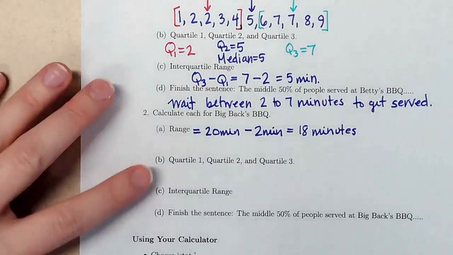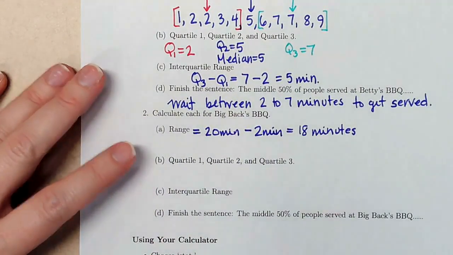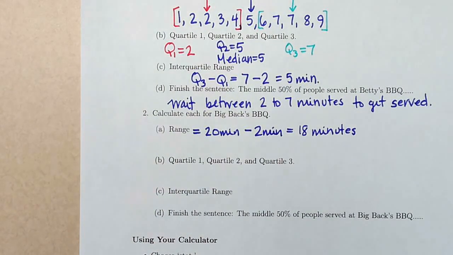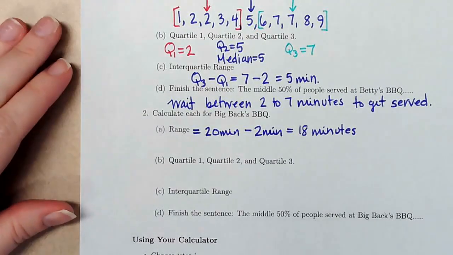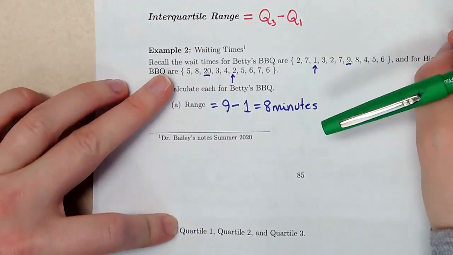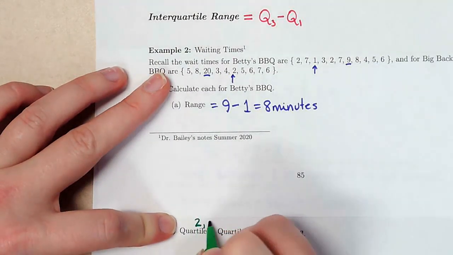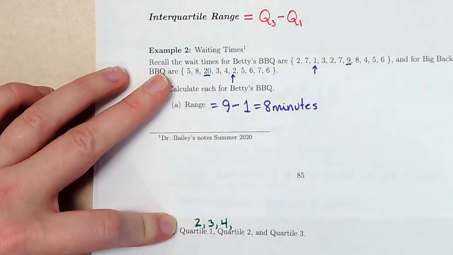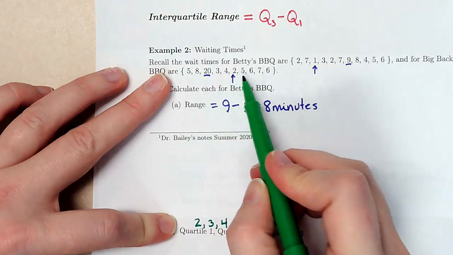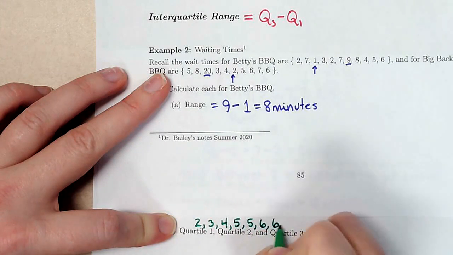Okay, quartiles. So if we're going to do that, we again need to write them in order to find the low half and high half. I'll use green just to separate this. So the data set, and I'm going to write my list right here. I see a low of 2, a 3, a 4, a 5, 5, 5, 5, 6, 6.